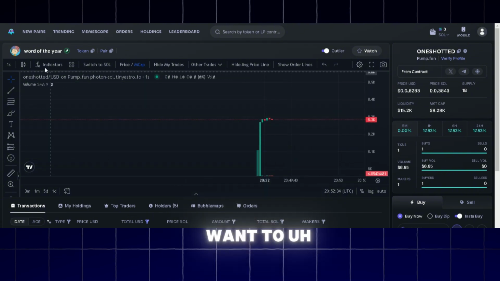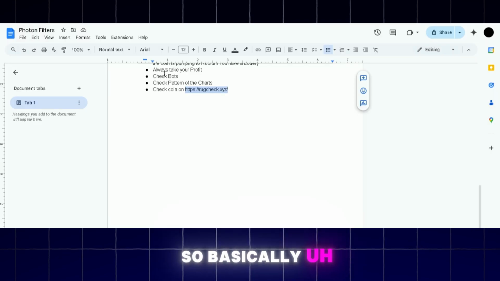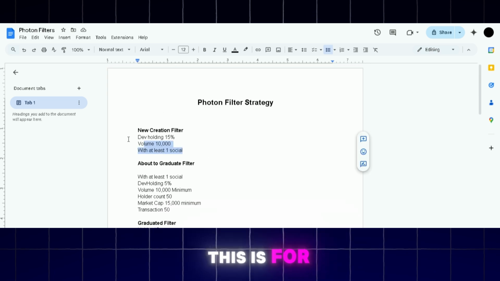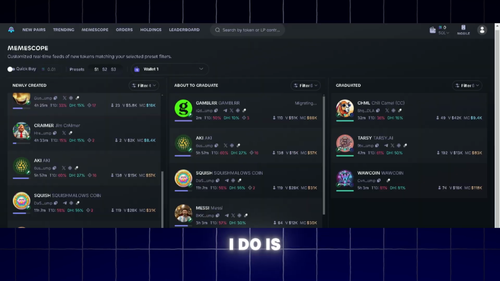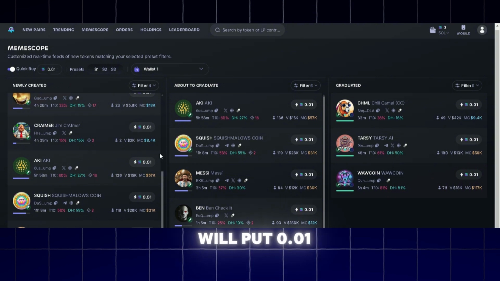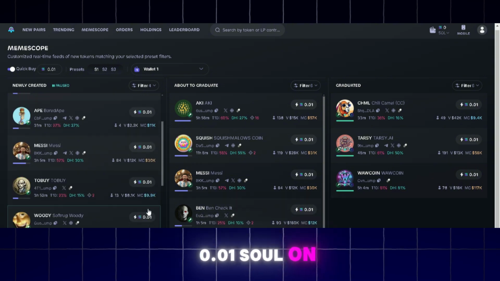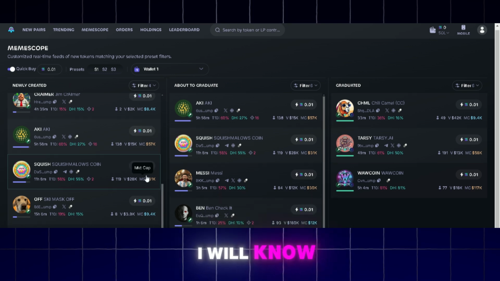If you want to trade fast, you can use this filter. This is for the risk taker who wants to risk their capital. What I do is go to the quick buy section and put 0.01 SOL on every coin. If the coin gets pumped, I will understand more about the coin.